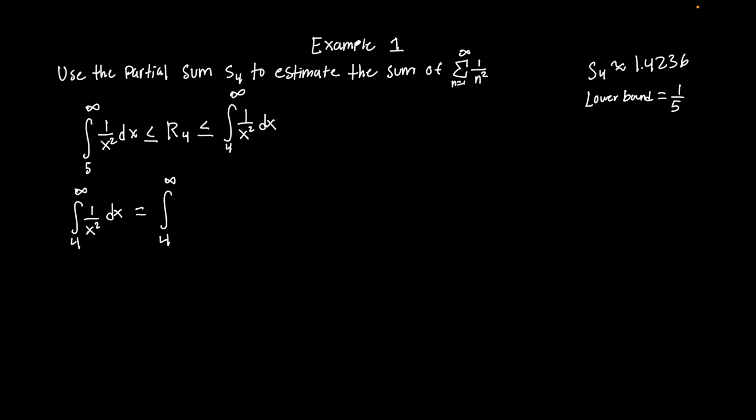So we know this is just x to the negative 2. We can write this in limit notation. This just gives us negative 1 over x.